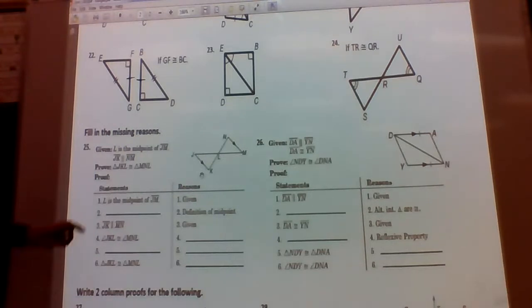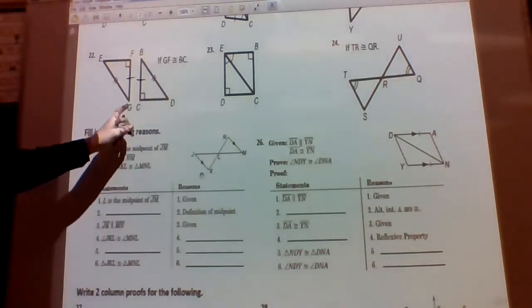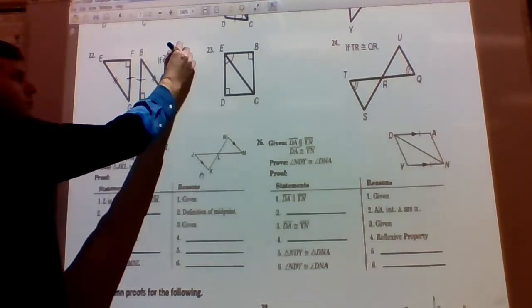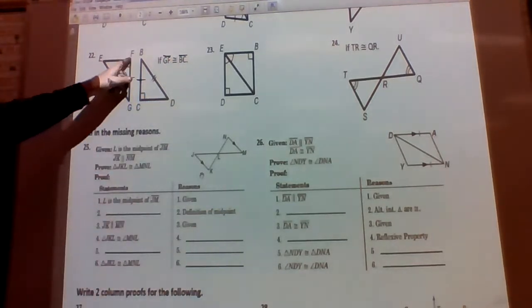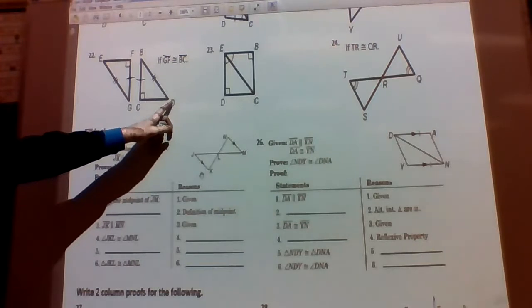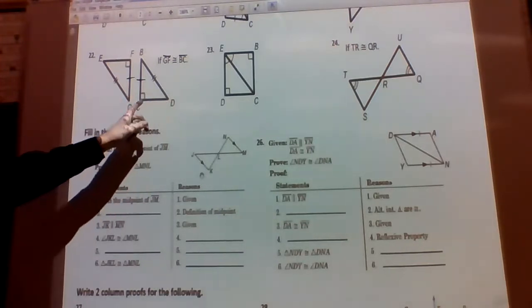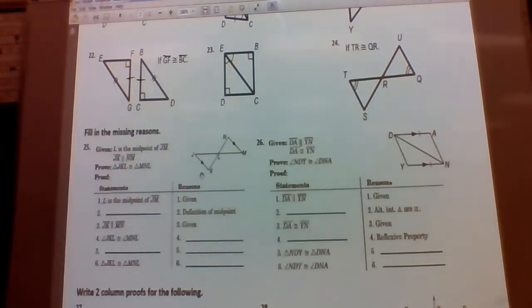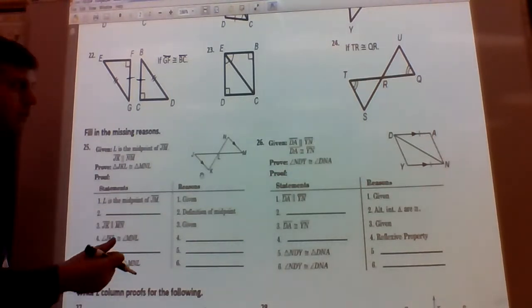So they're telling us EG is congruent to BD, GF is congruent to BC. We should have lines over them. And angle EFG is a right angle and angle DCB is a right angle, by the right angle theorem, we know all right angles are congruent. So there's three corresponding parts that are congruent.